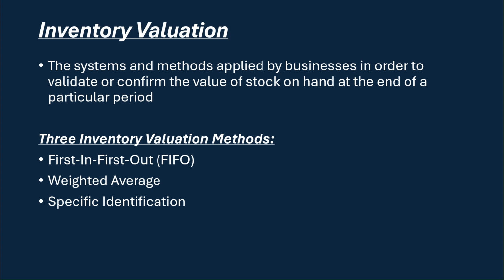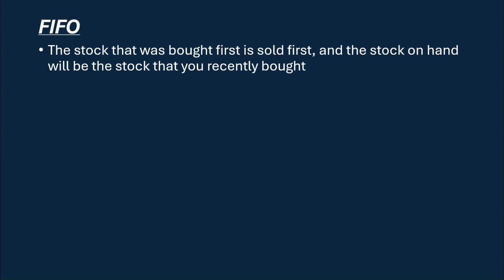And there are three inventory valuation methods. We have first in, first out, which is FIFO, you have weighted average, and you have specific identification. So let's go through each one of those and see how it goes. Now we have FIFO, first in, first out. This one tells us that the stock that was bought first is sold first, and the stock on hand will be stock that you recently bought.